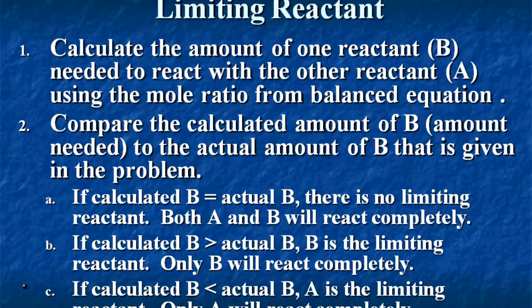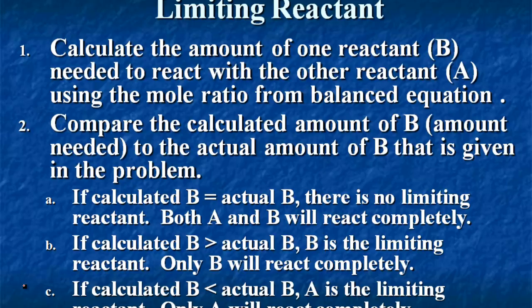First, you need to calculate the amount of one reactant, let's say B, if A and B represent two reactants. Calculate the amount of B you need to react with the other reactant, A, using the mole ratio from the balanced equation. So a balanced equation is a must in limiting reactant calculations. If the reaction is not balanced, first you have to balance the equation.